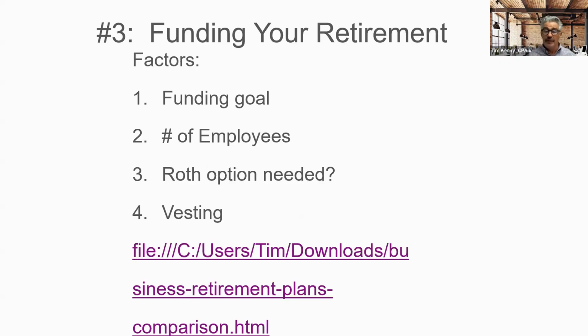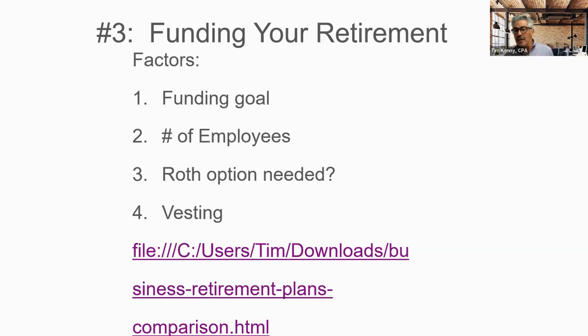The third, and this is a big one, is funding retirement. This is one of the best things that a small business owner or an individual can do: set up a retirement account early and start funding.